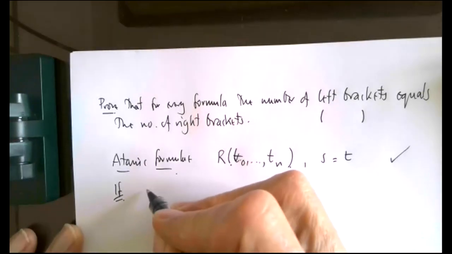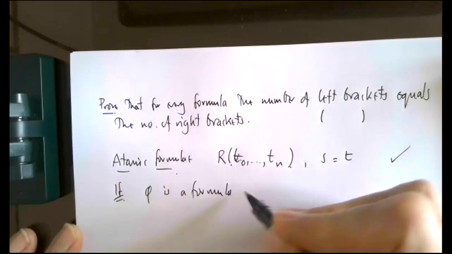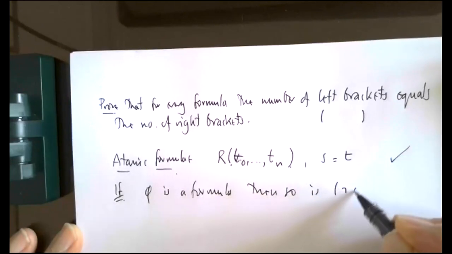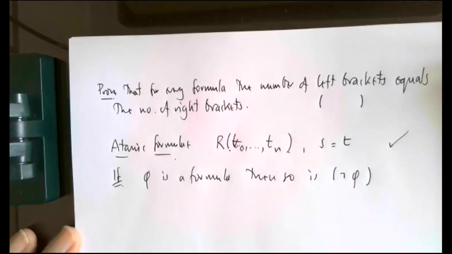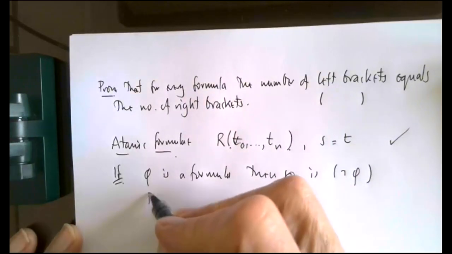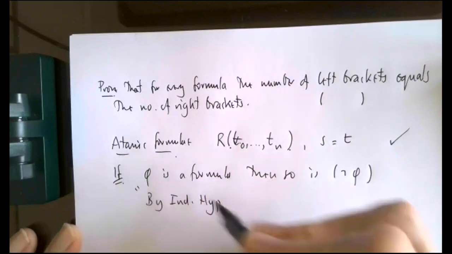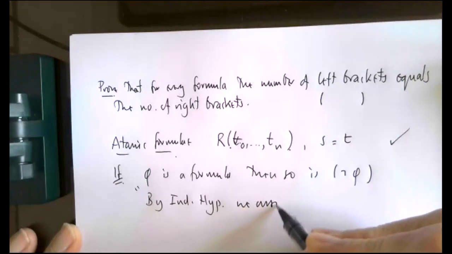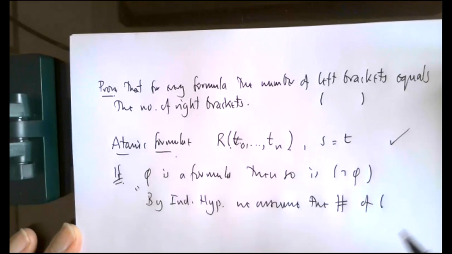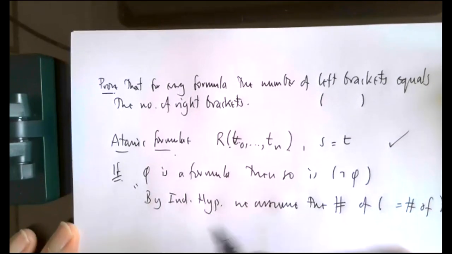And then if phi is a formula, then so is not phi. So you would say something like, by an inductive hypothesis, you assume the number of left brackets equals the number of right brackets in phi.